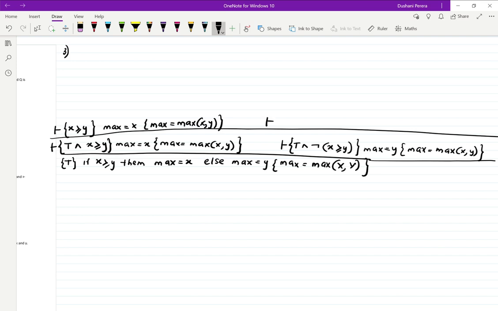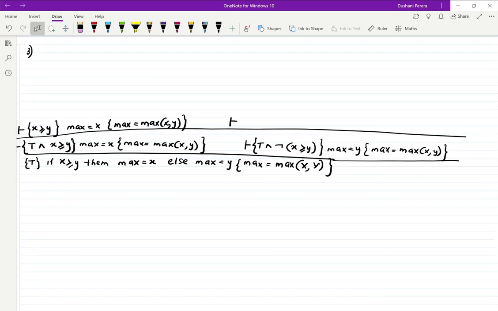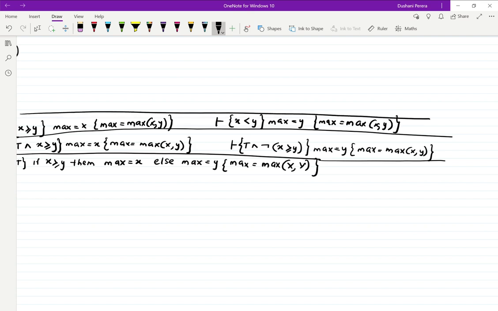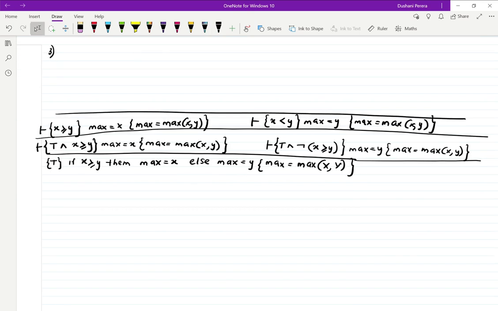And here we have true and negation x greater than or equal to y, which means simply x is less than y. Okay, that's done.